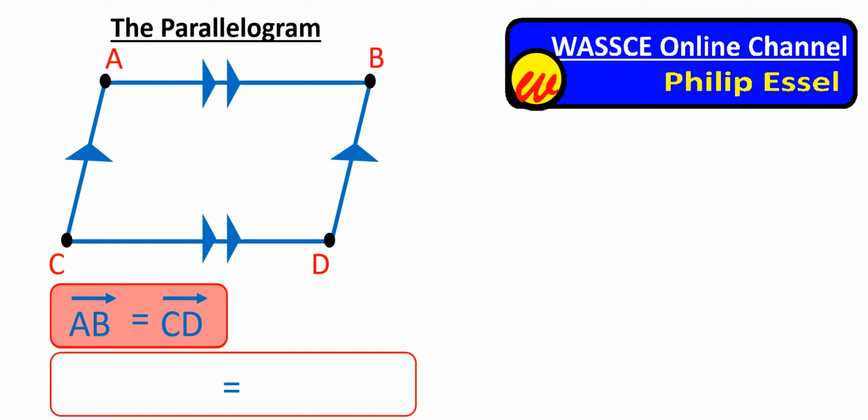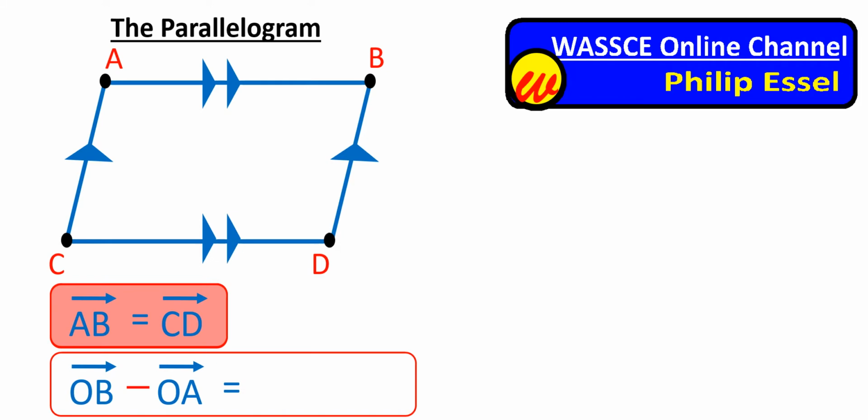So first we would resolve the vector AB into its component position vectors. When we do this, we will get the vector OB minus the vector OA. We would also resolve the vector CD into its component position vectors.